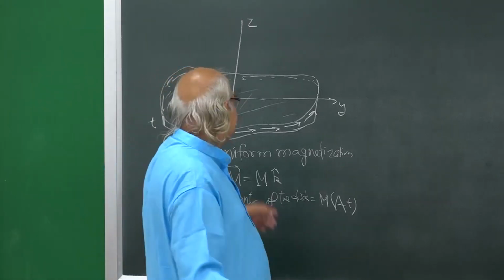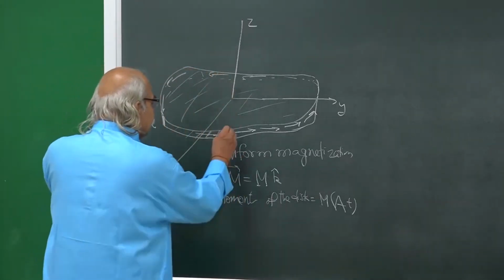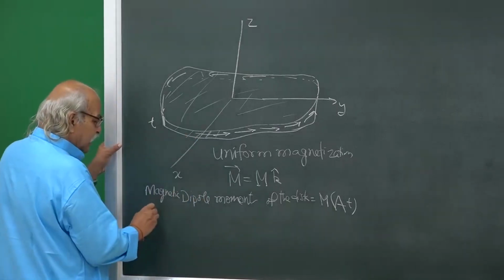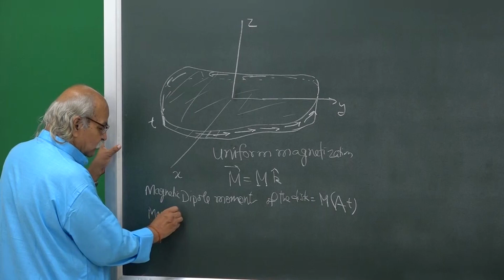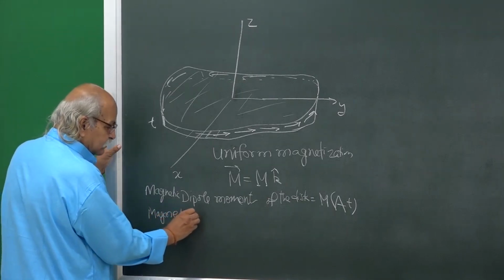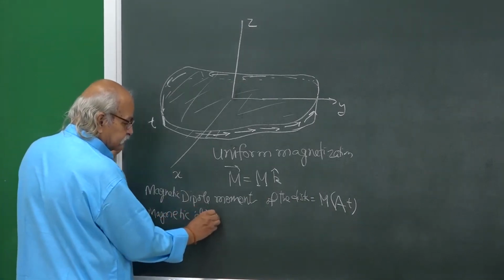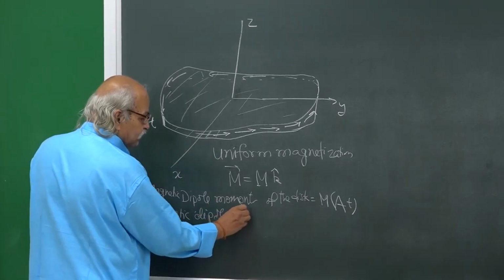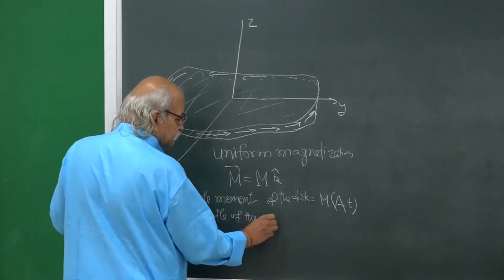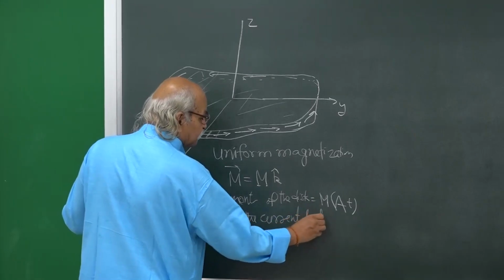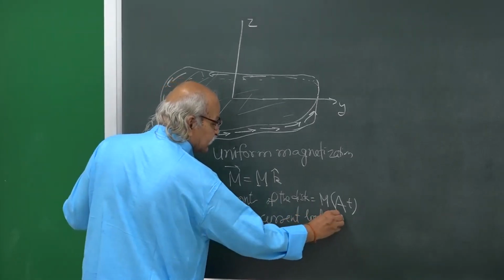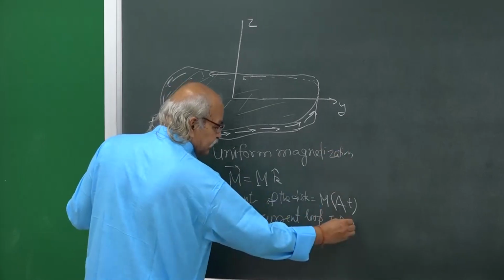If I have that kind of current, then we can ask what is the magnetic dipole moment of that current loop. The magnetic dipole moment of the current loop will be current times area, in the k cap direction.